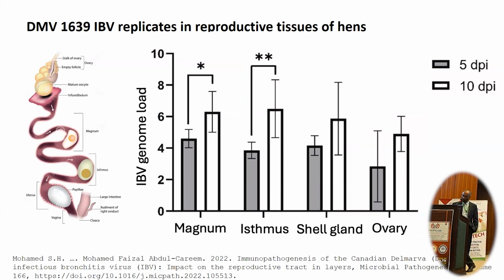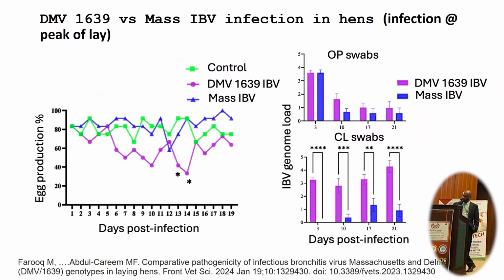We looked at the oviduct at several locations, magnum, isthmus, shell gland, and the ovary, and we saw the viral replication. We compared the DMV 1639 with the Mass for the egg production drop.